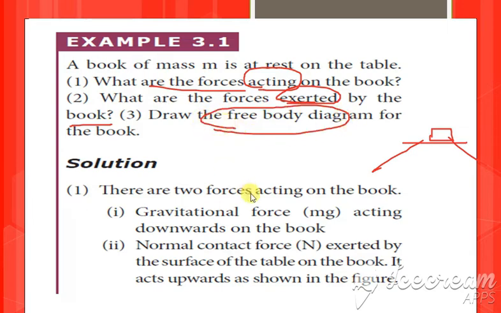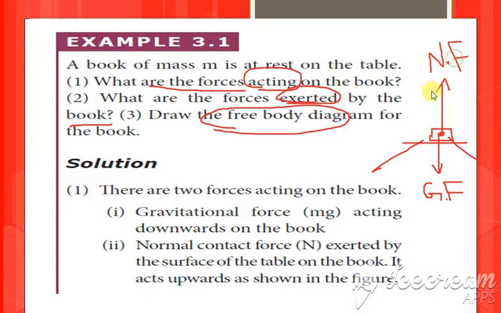First, the two forces acting on the book. Whenever any object is lying, there will be two forces acting on the object. Downward there is always a gravitational force, and upward there is a force called the normal force.